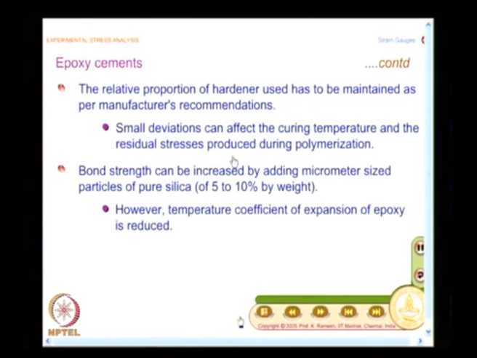And in certain applications, in order to ensure that strain of the specimen is faithfully transferred to the strain gauge, you may want to have a higher bond strength, and this can be increased by adding micrometer sized particles of pure silica. It is about 5 to 10% by weight.